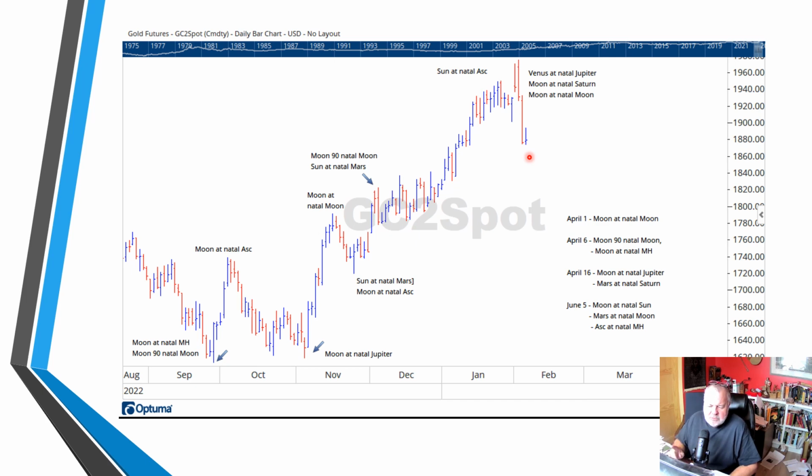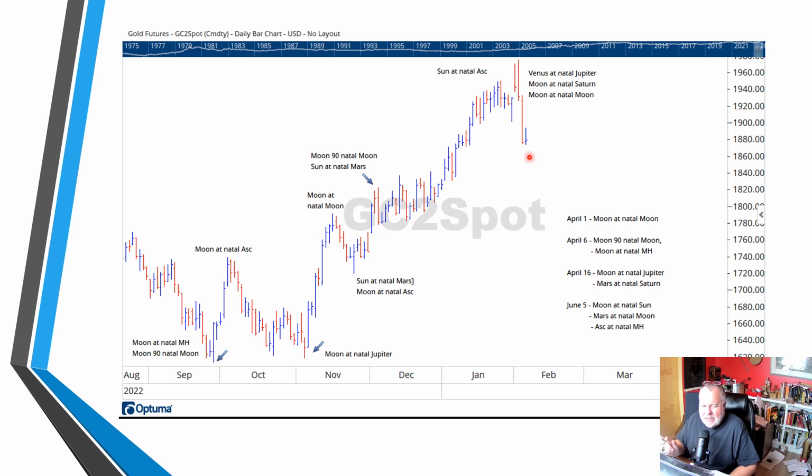And I talked in those previous videos about the heliocentric advances of the planet Venus, 137 degrees, 150 degrees, 209 degrees, 222 degrees. And I said in one of those videos that we had these April dates that were bearing down on us for silver. Here we've got the same dates for gold.